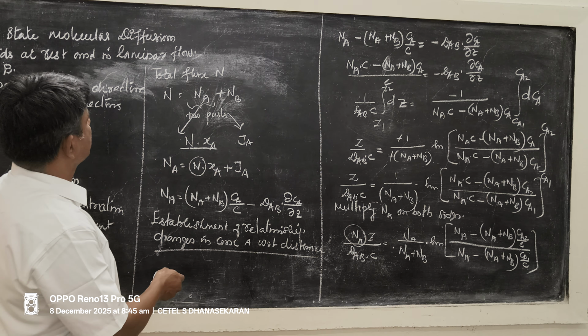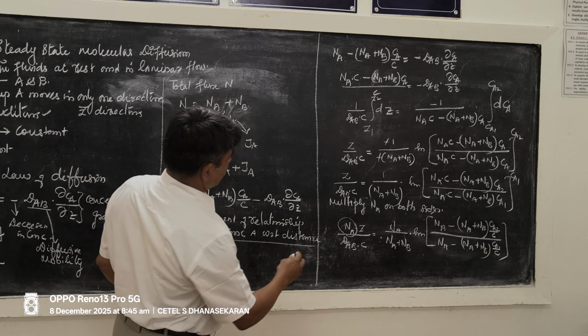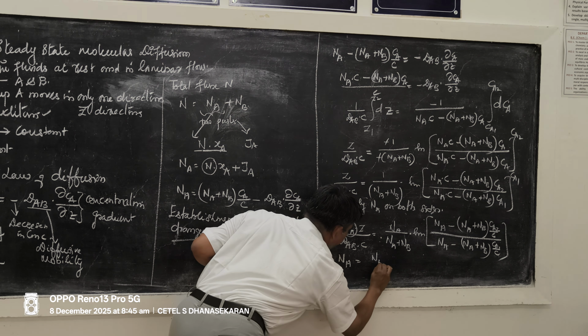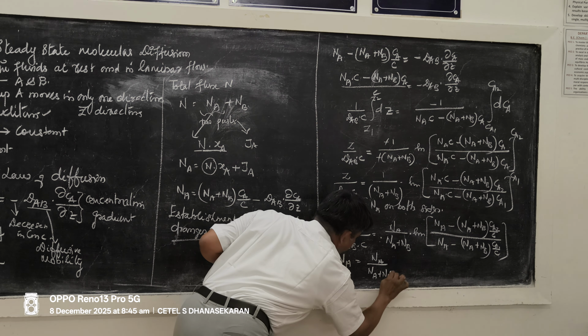So the equation becomes Na is equal to Na divided by (Na plus Nb). Clear?